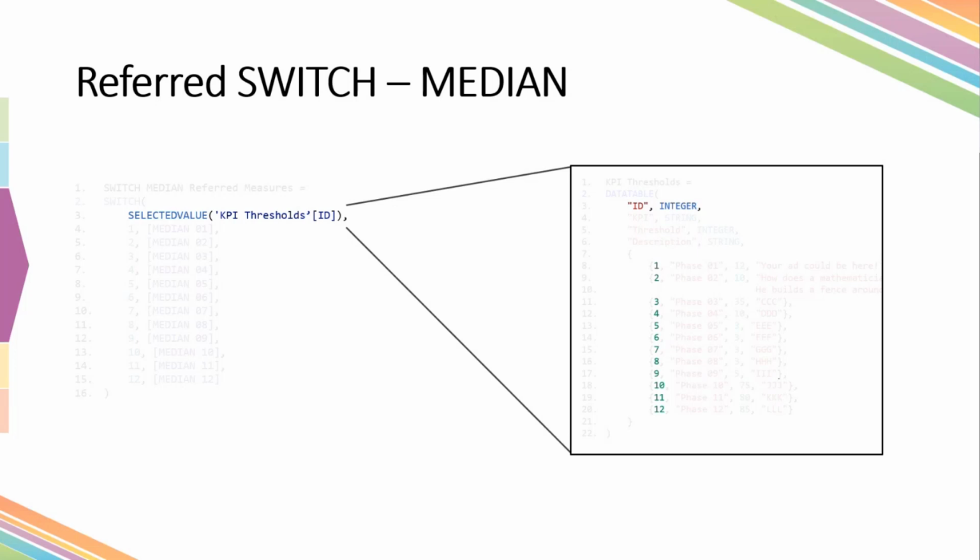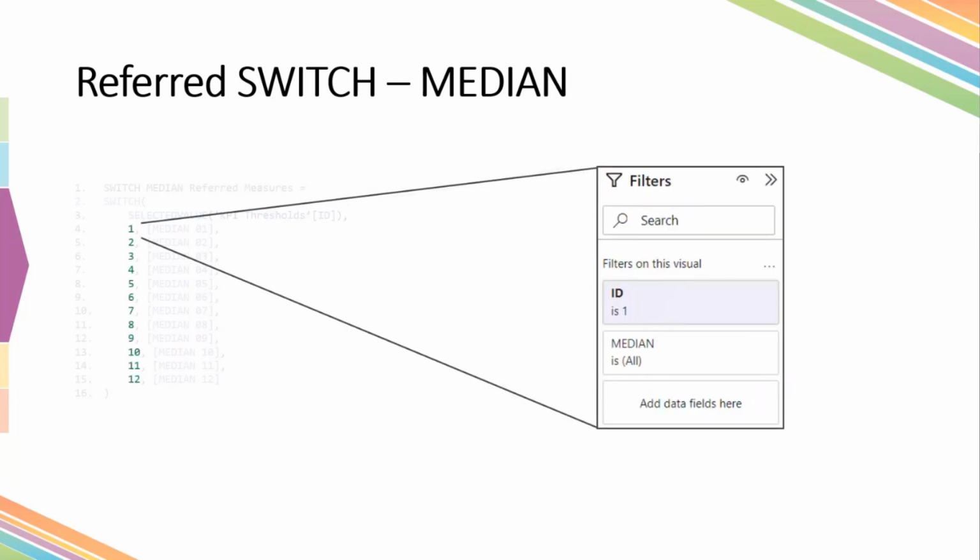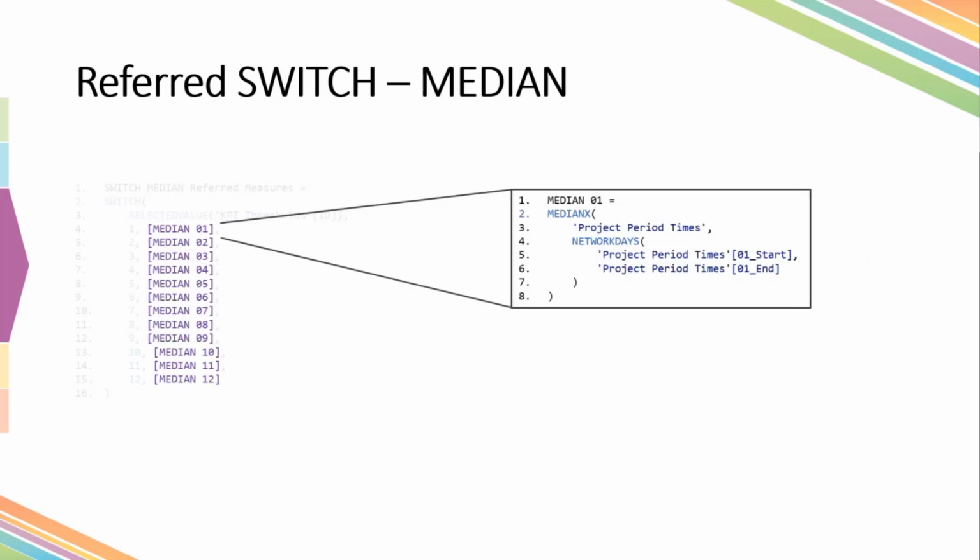So depending on which ID is being chosen, it executes the according measure. For example, if I pick ID 1, which I control via the filters of the visual, as you can see, ID is 1, it would execute the median 0, 1 function or measure, which I also highlighted earlier, which looks like this.